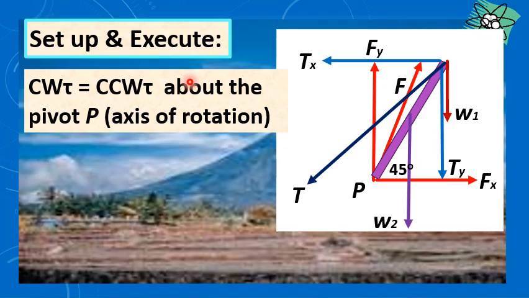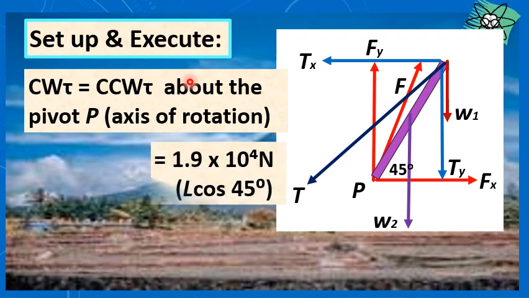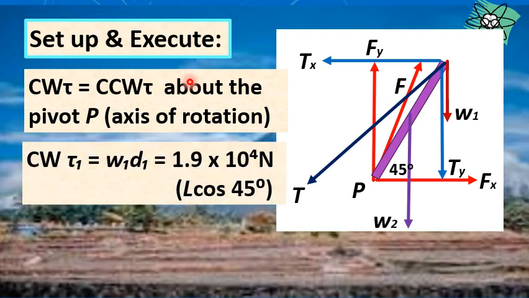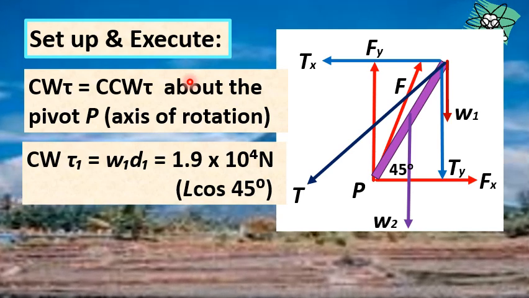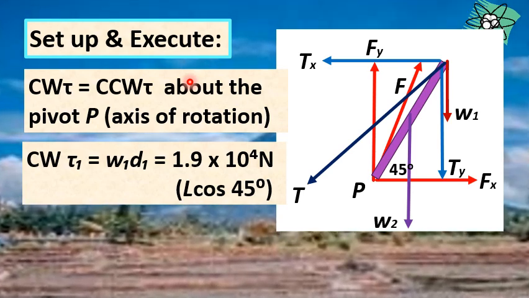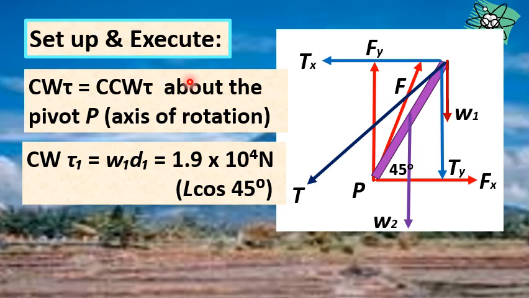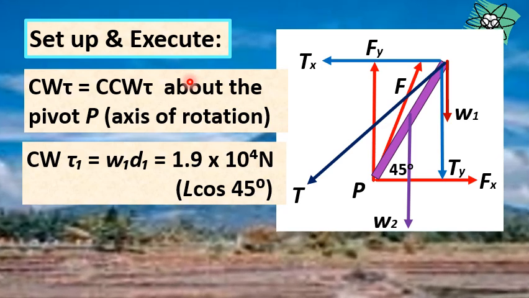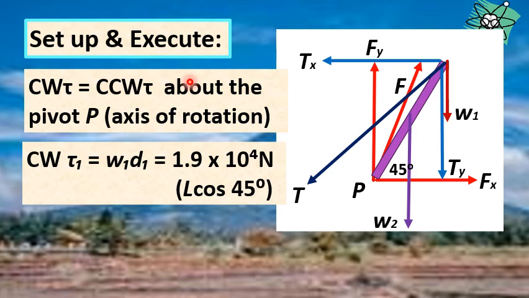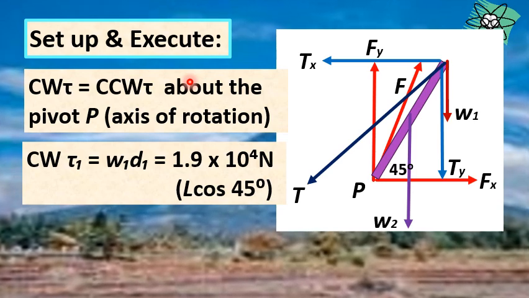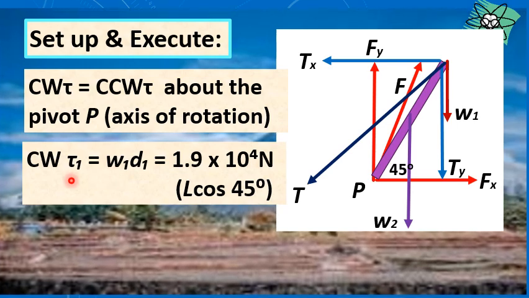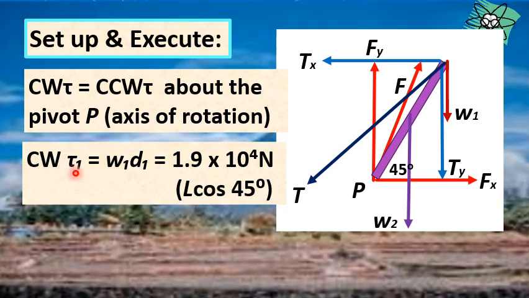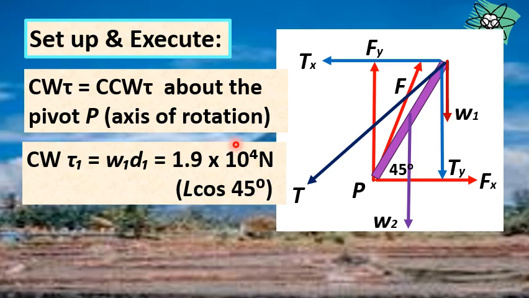And the first torque that can cause the strut to rotate clockwise is that of weight W sub 1. In other words, the weight of the hanging load can cause a torque we label here as torque number 1.